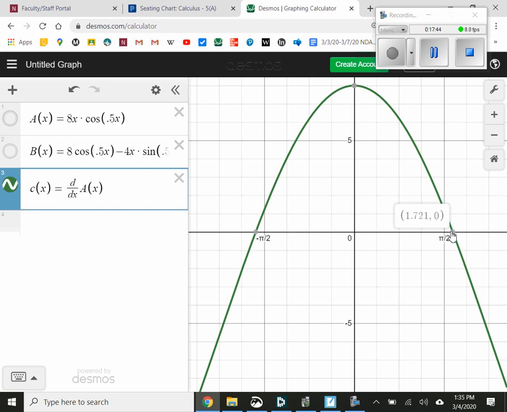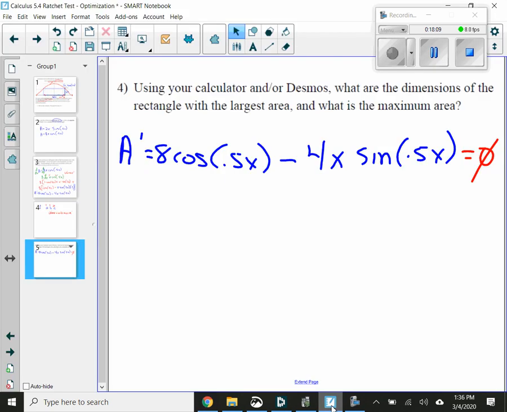I can't have x be a negative, right? Everybody okay with what I'm saying here? Stop me. No, we're good? Right? Okay, so I know now that x is equal to 1.721.